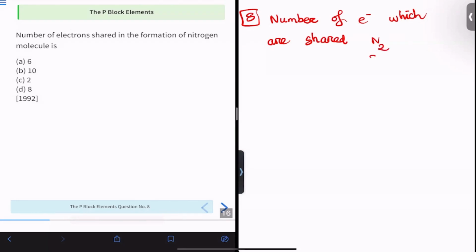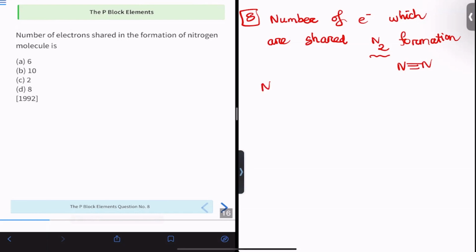Nitrogen means N2 compound formation. N triple bond N, if you know. So how many electrons are being shared in the nitrogen formation?